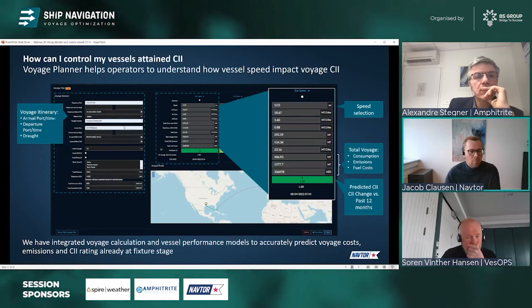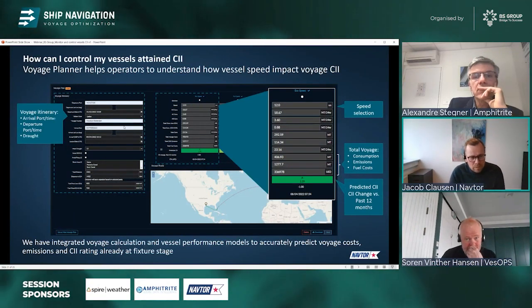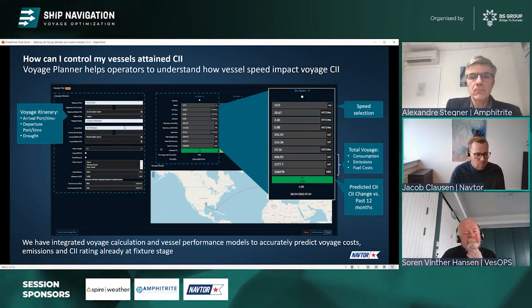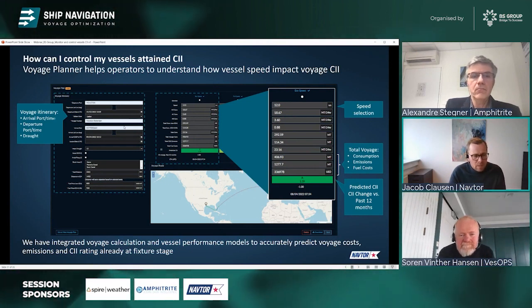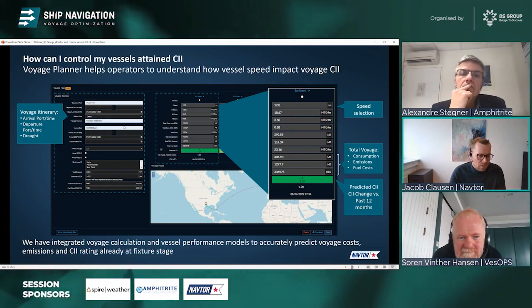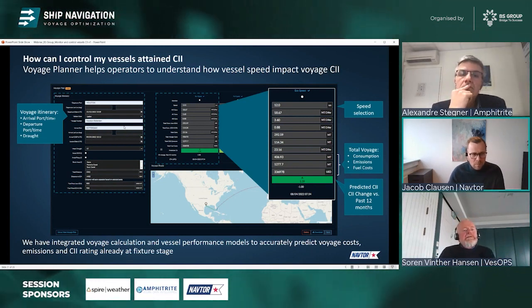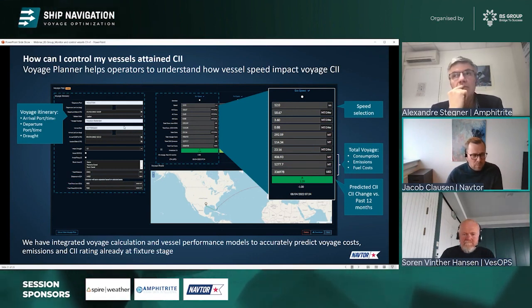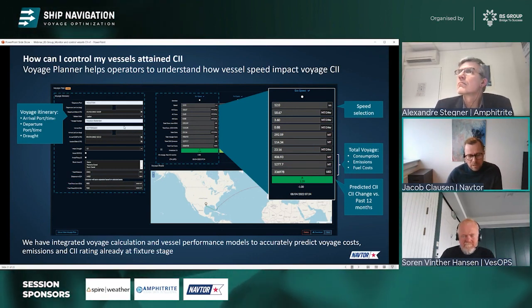Another element on the more planning side of things: we know that the speed and idling times, time spent at sea versus within the total voyage, impact the vessel CII quite a lot. So what we have done is to couple our vessel models and the collected data into a voyage planning tool where you can simulate a voyage at the planning stage.